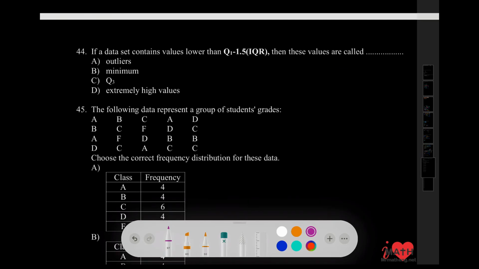All right, let's go over the next one. If a data contains values lower than the Q1 minus 1.5 times IQR, then these values are called, the answer for 44 is going to be called, am I writing here? Outliers. This is the lower fence of outliers formula. Just draw you a quick visual, right?